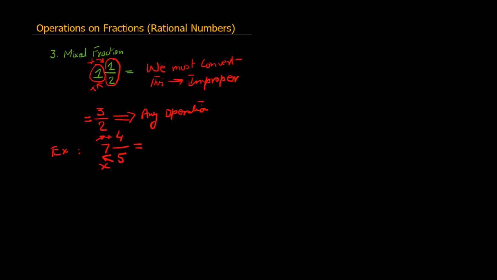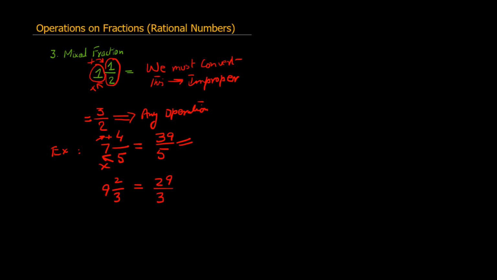So 35 plus 4 is 39. So 39 divided by 5. So another example could be 9 2/3. So 3 into 9, 27 plus 2. So 29 divided by 3. So it's a very simple concept.